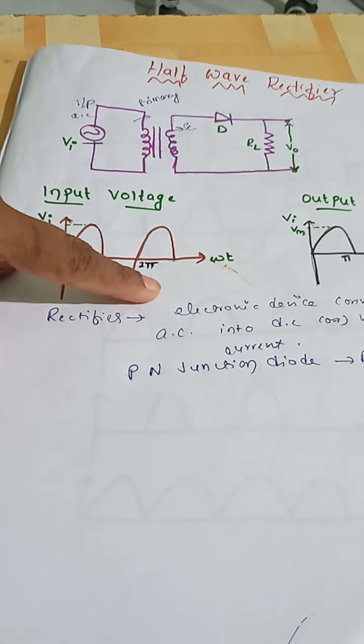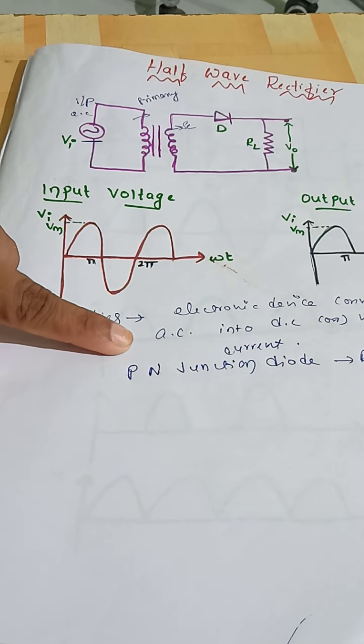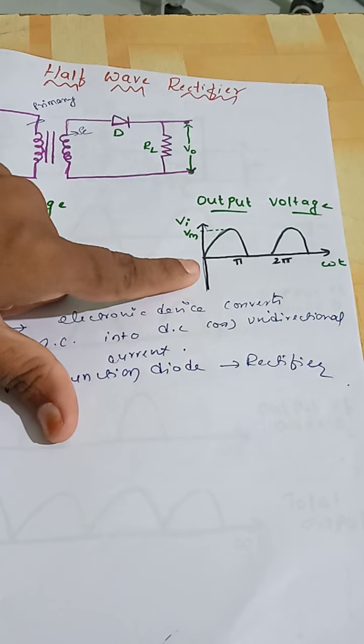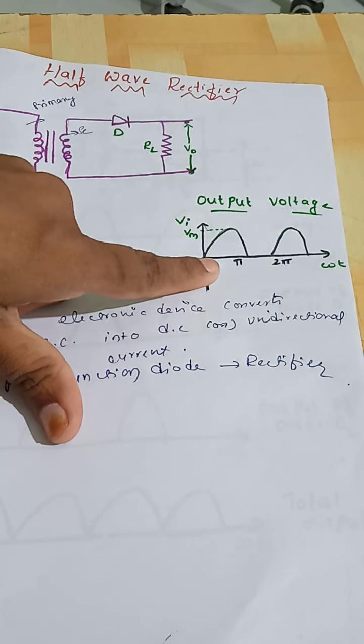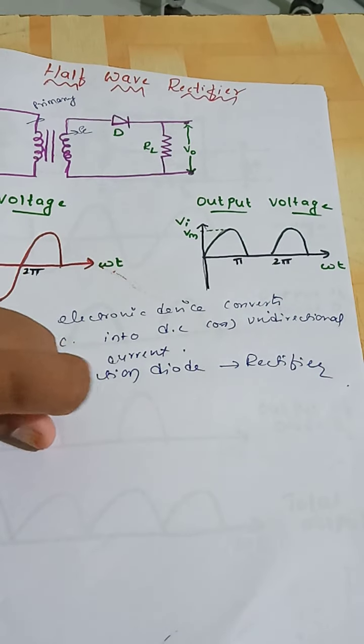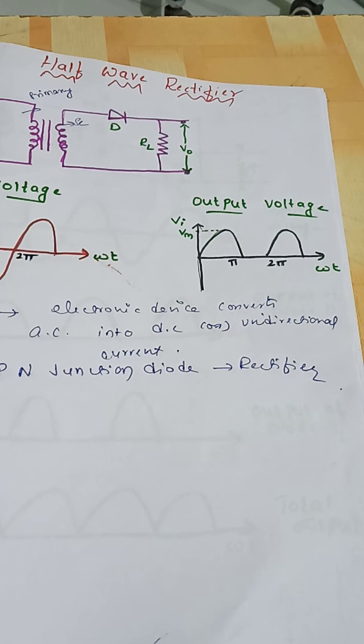In such a way, the current which changes its direction alternately, we call it alternating current. Now, direct current means the current which flows in the same direction, that we call direct current or unidirectional, means in one direction only it will flow.